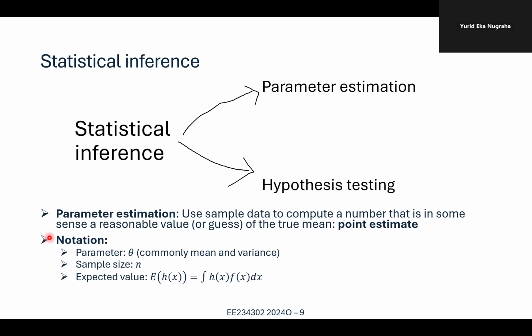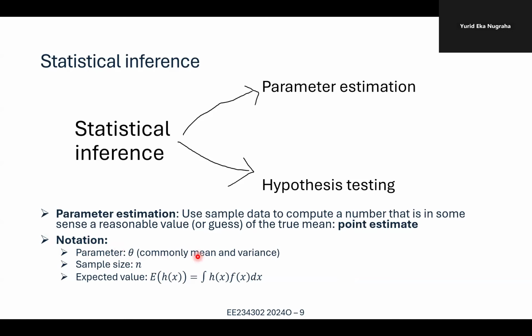All right. So these are several notations used throughout these slides. Parameter is commonly denoted as theta. There are several parameters that could be analyzed, but for now we are going to focus on the mean and the variance of the sample, as well as the mean and the variance of the population.